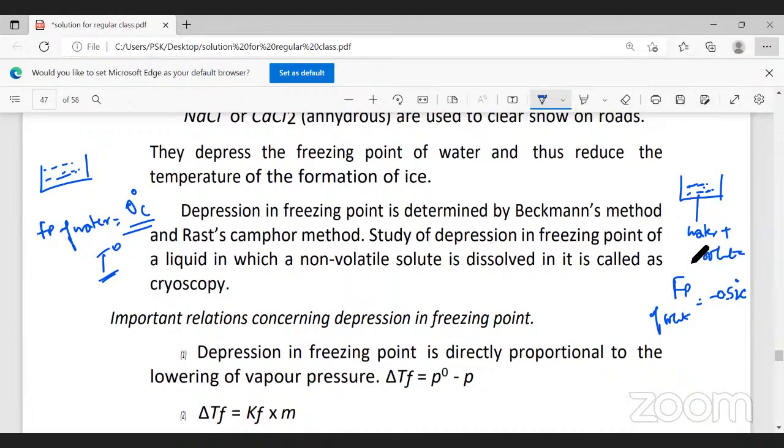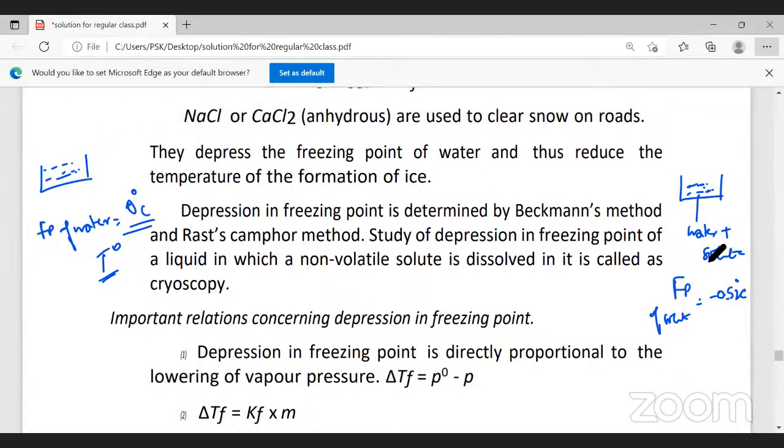I add 1 mole of solute, so I'm taking a 1 molar solution. So the freezing point decreases to minus 0.52. There's a decrease in freezing point, given by the formula delta Tf is equal to T0 minus T. It is not P0 minus T; there's a mistake here. This is T0 minus T.